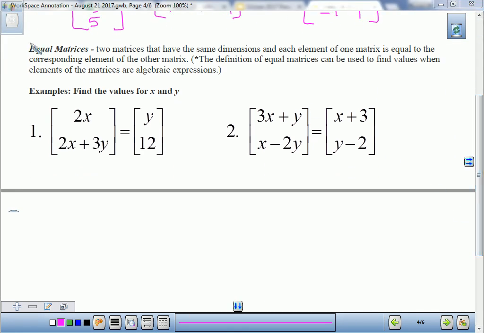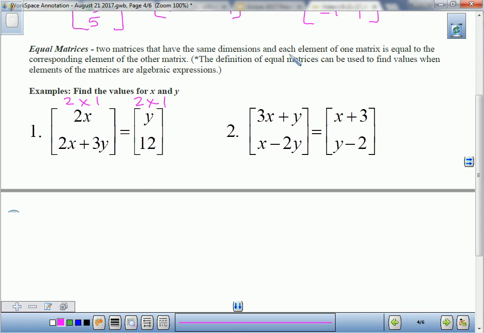Okay, now equal matrices. Two matrices that have the same dimensions. What would we consider this one? A 2 by 1, and this is also a 2 by 1. So these are considered equal matrices because they must have the same dimensions.